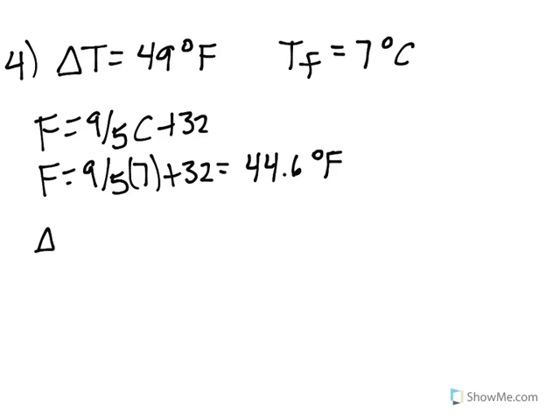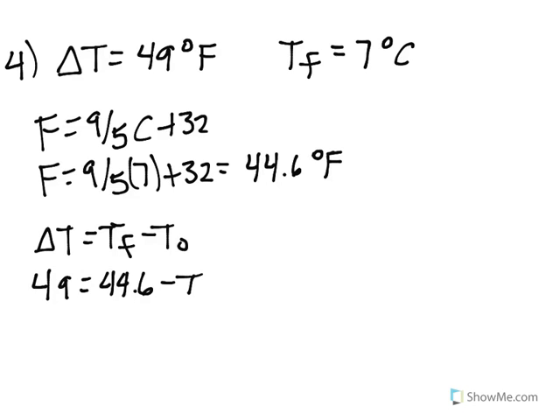And so delta T is equal to my final temperature minus my initial temperature. So if I have my delta T and I have my final temperature, I can easily solve for my initial temperature. And if I do that, I get my initial temperature is negative 4.4 degrees Fahrenheit.